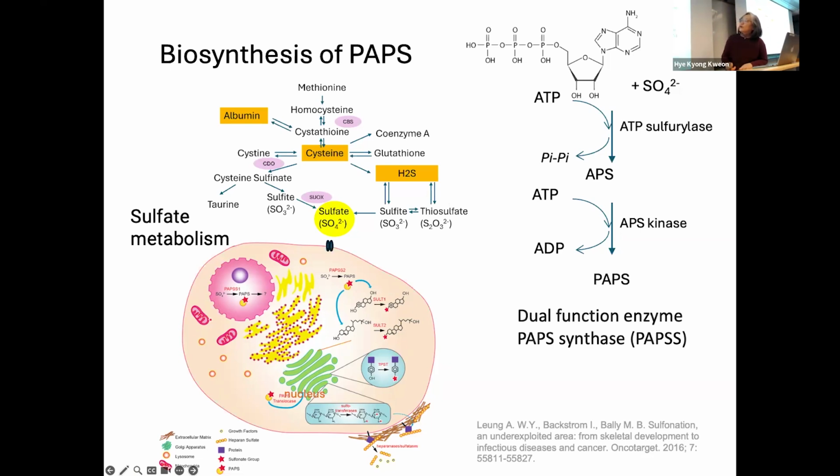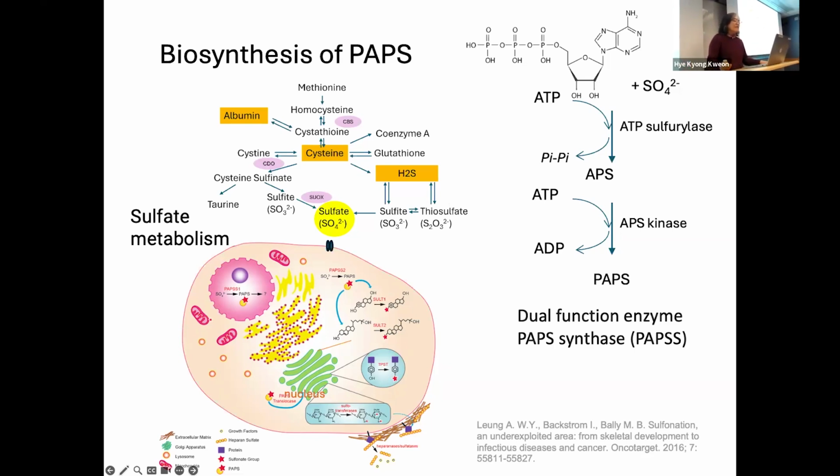Okay, so sulfate is readily available through the metabolic process by microorganisms in soils, and once the inorganic sulfate enters inside of a cell, like human cells, they convert it to the biologically active form PAPS by enzymatic activity.